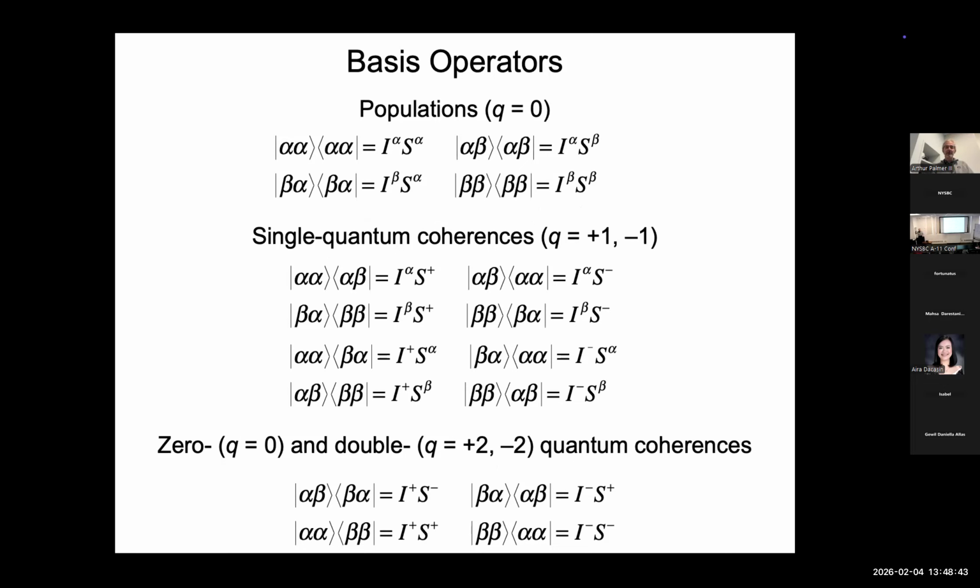So for two spins, we know we have 16 basis operators. The matrices are 4 by 4. They have 16 elements, so there must be 16 basis operators. And here's one way of writing them, using the I alpha, I beta, I plus, S plus.